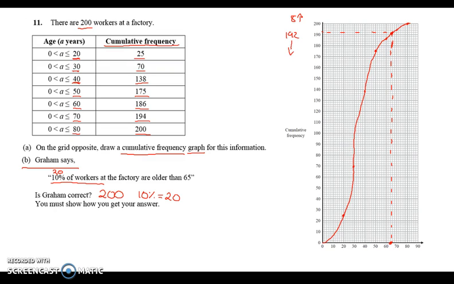So, okay. Not too far out then, but for me, I would say, because mine wasn't very accurate, I'd be saying only 8 workers are older than 65 from graph.